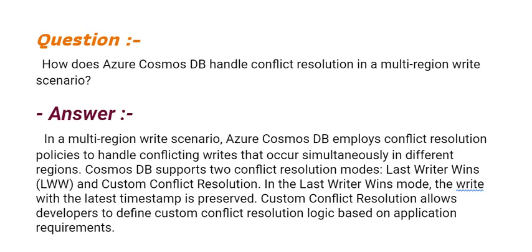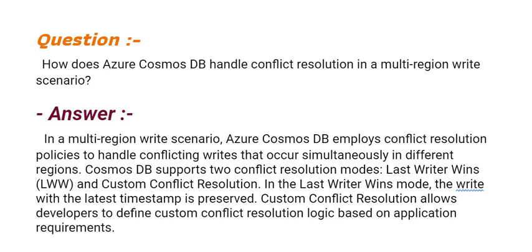Our next question is, how does Azure Cosmos DB handle conflict resolution in a multi-region write scenario? Your answer should be, in a multi-region write scenario, Azure Cosmos DB employs conflict resolution policies to handle conflicting writes that occur simultaneously in different regions.